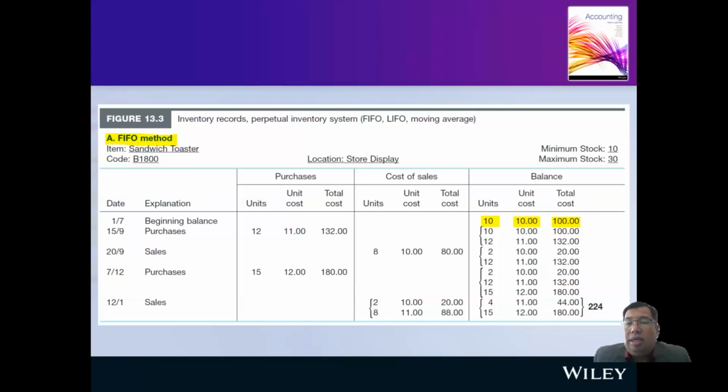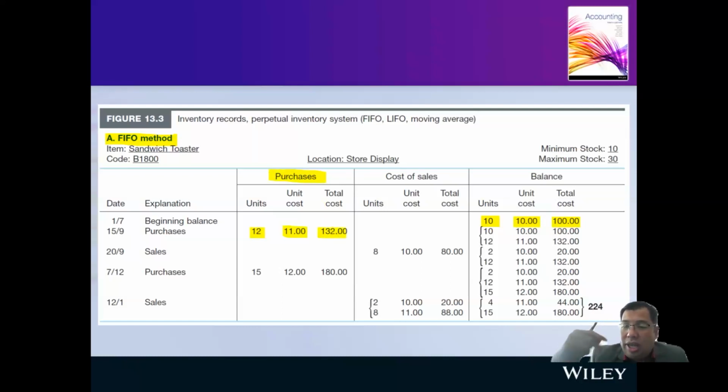Later on, you purchase another 12 units. That is on 15 September, you purchase new units of sandwich toaster, same brand, but the price now is $11. So this purchase costs you $132.